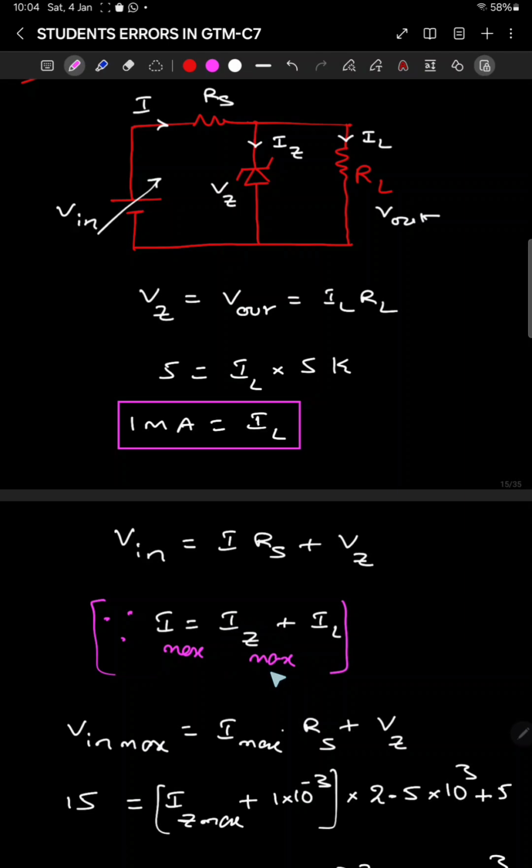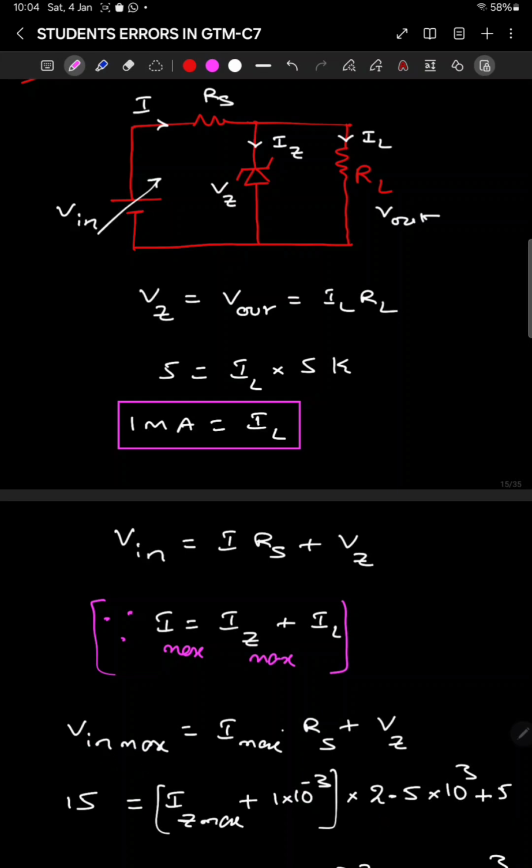To have maximum current in the Zener diode, this current also should be maximum. To have this current maximum, the input voltage also should be maximum. That means it is a variable input voltage, and I have to take the maximum value to get maximum current. That will lead to maximum Zener current.